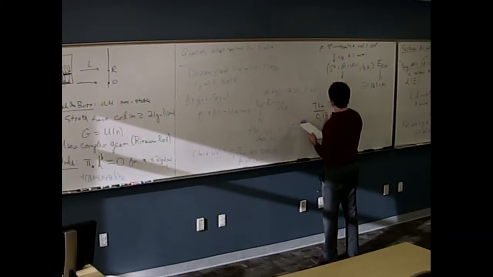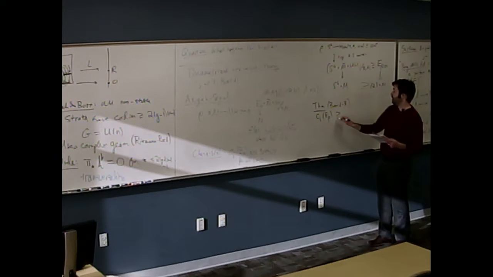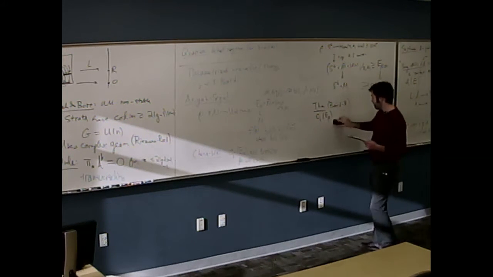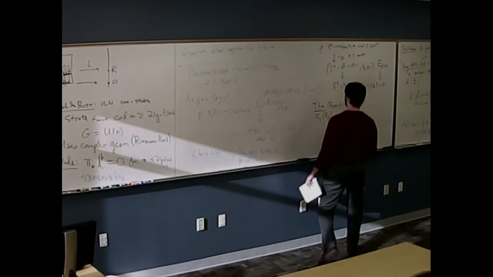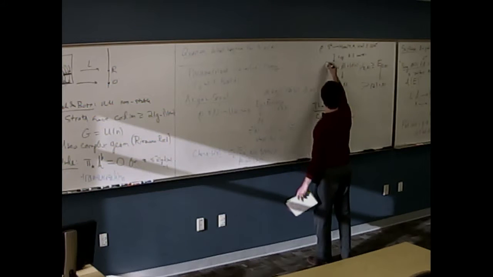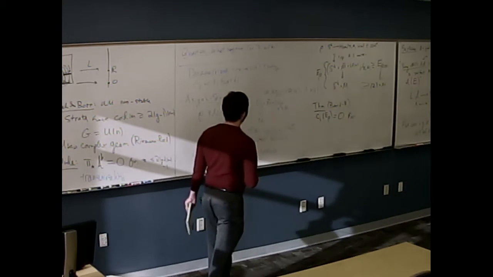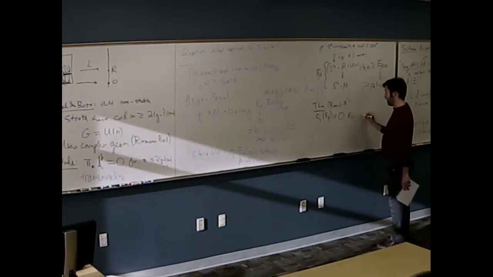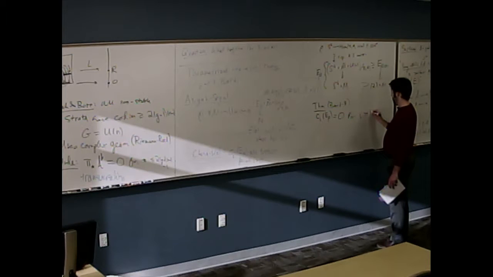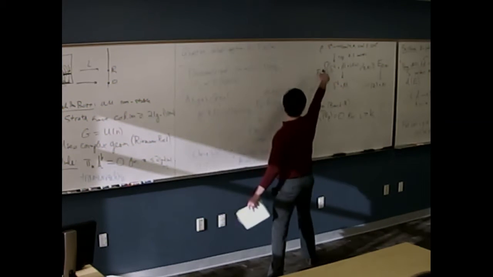So the theorem here is about the Chern classes of these bundles. E rho, where now rho is this family. These classes are 0 for i bigger than k. Here k is this parameter.